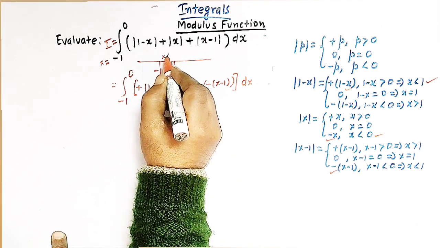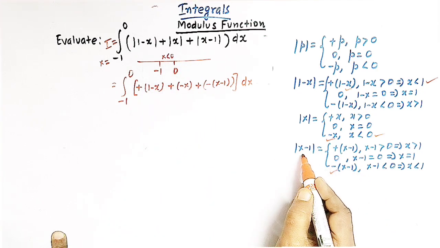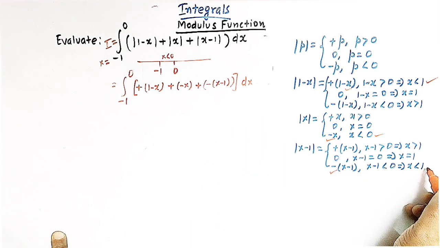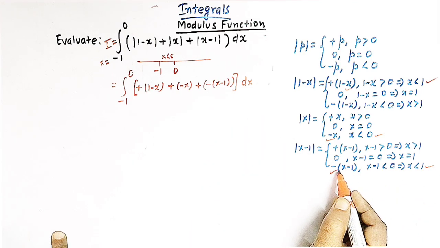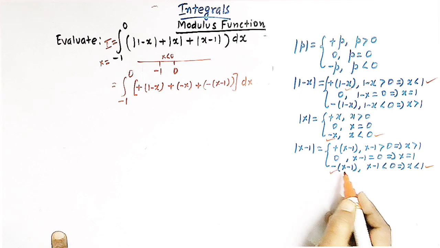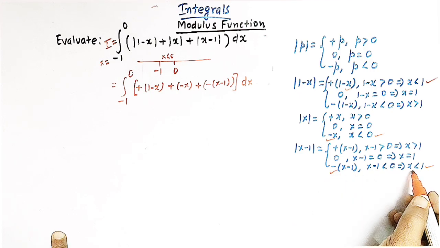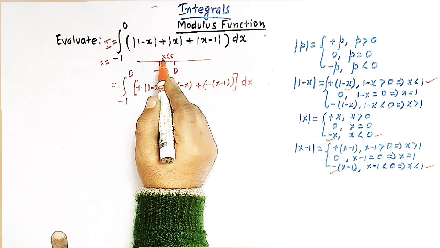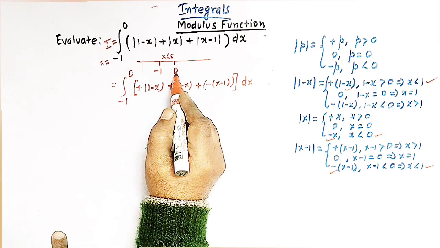So here x is less than 0. And in the third case, mod of x minus 1, we'll make use of this part of the definition, that is negative of x minus 1 when x is less than 1, right? So obviously all the x are less than 1 when x lies between -1 and 0.